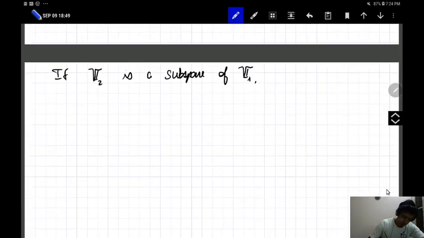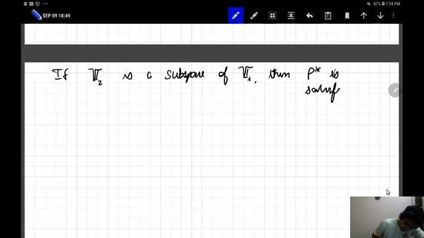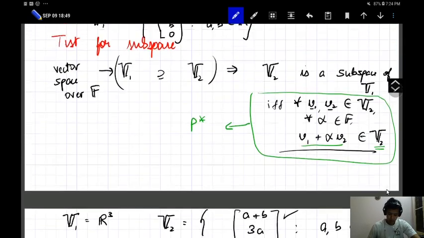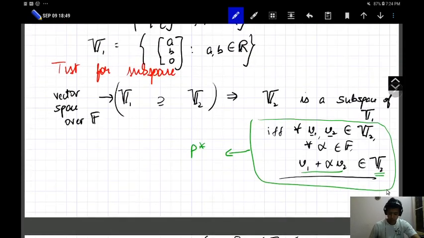So clearly if V2 is a subspace of V1, then P star is satisfied. So this is the easy part. To prove the slightly harder direction, what we also want to show is that if property P star is satisfied by V2, then V2 is a subspace of V1.